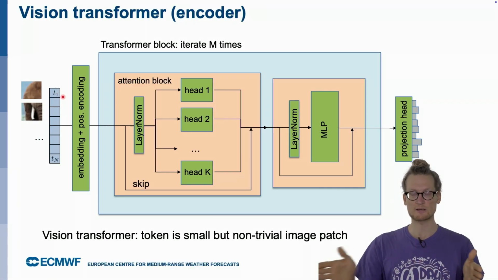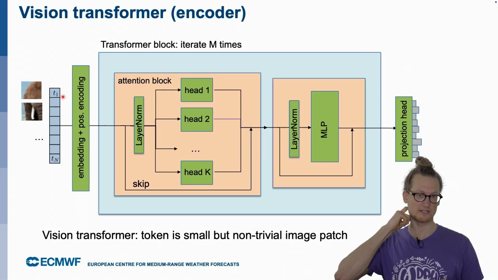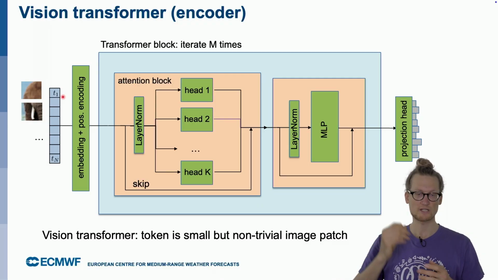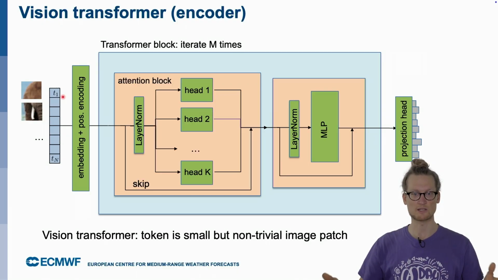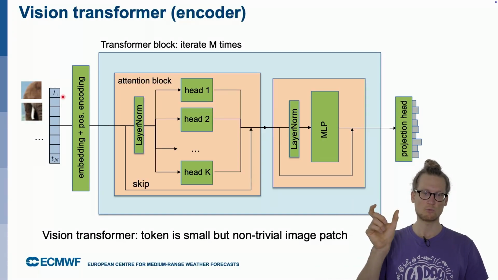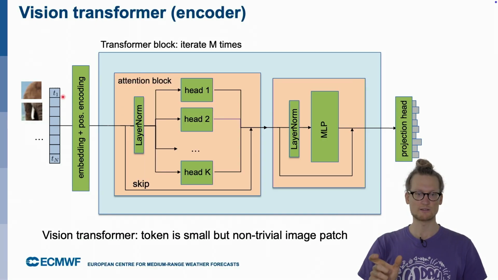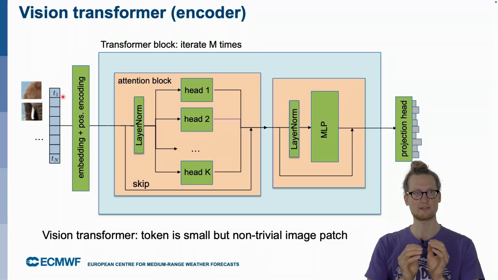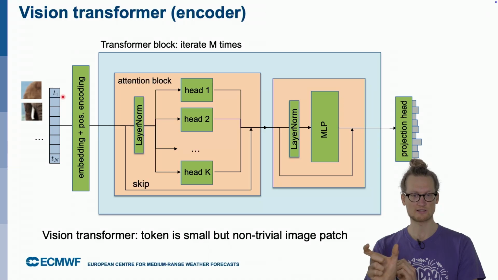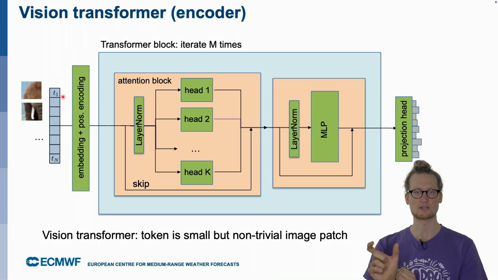And then you can directly apply your transformer and do all the attention magic. You don't have to touch the architecture in any way. So this is pretty convenient, actually. You just have to think about what is the smallest but non-trivial bit that I have to convert into the latent space, such that I have the tokens on which the model can now operate.